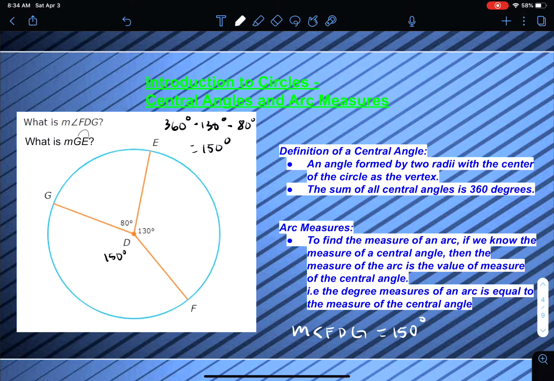Cool. What else do we have to do? What is the measure of arc GE? This is what we're trying to figure out. Now, remember, to find the measure of an arc, if we know the measure of a central angle, then the measure of the arc is the value of the measure of the central angle. So if this is 80 degrees, then my measure of arc GE is also 80 degrees.